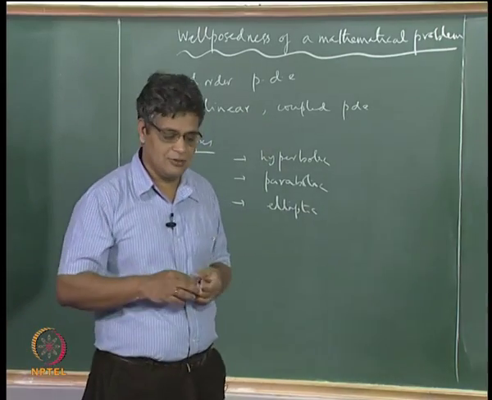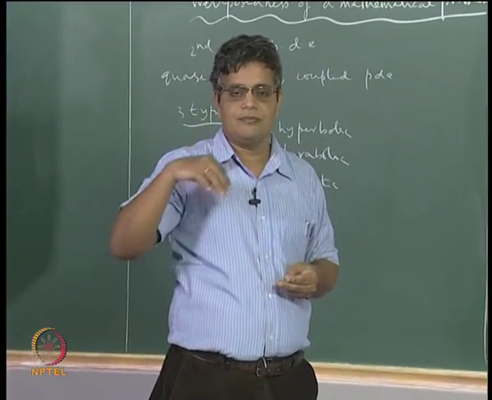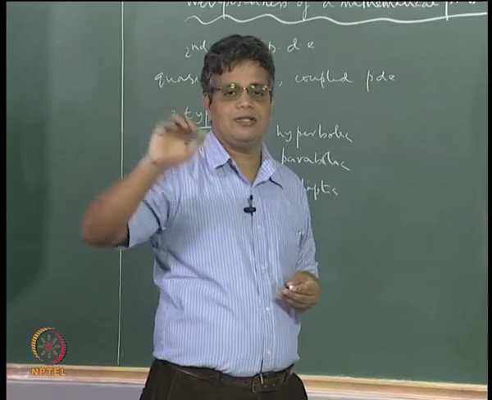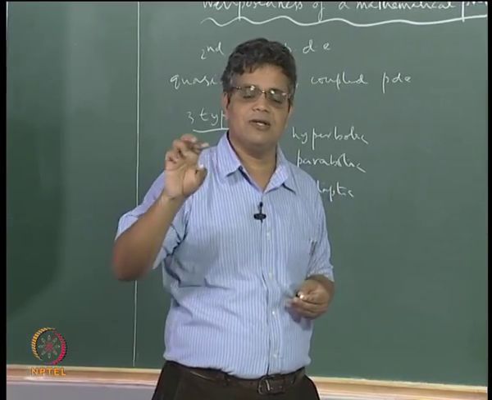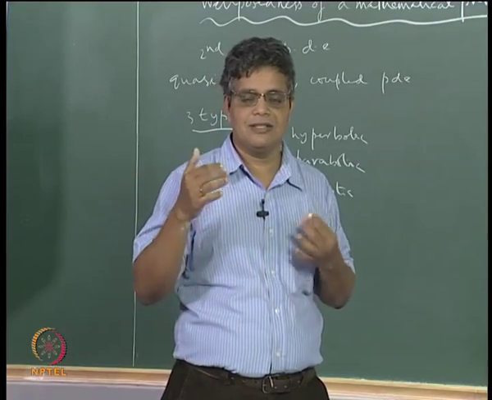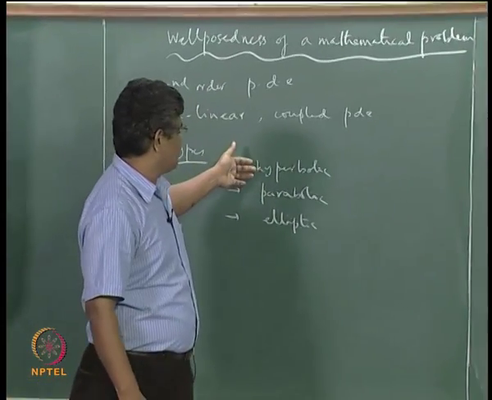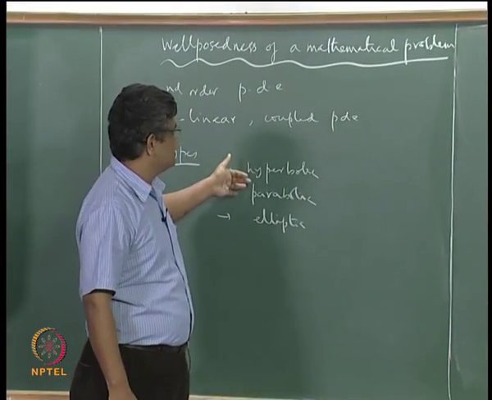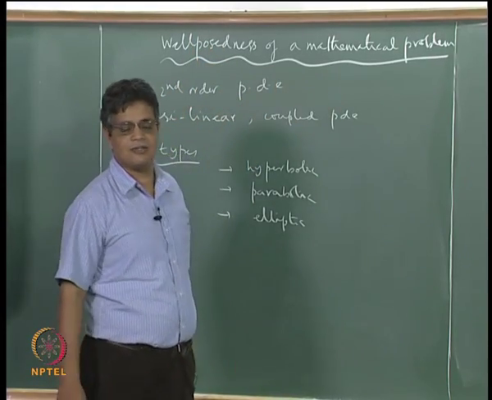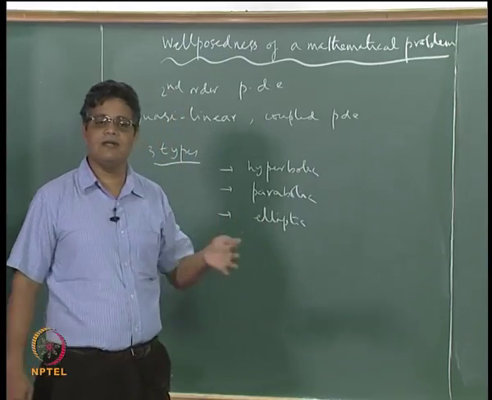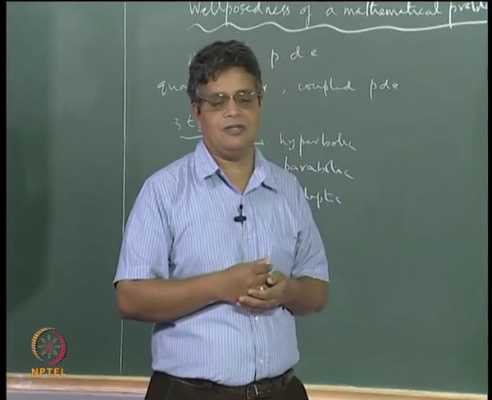A wave like solution has the property of a wave, which means that it has a direction of progression and it also crucially has a velocity of progression. So when we say that a problem is hyperbolic, it implies that the corresponding equations, like the Navier-Stokes equations that we have, admit a wave like solution with a certain sense of propagation and a velocity of propagation.